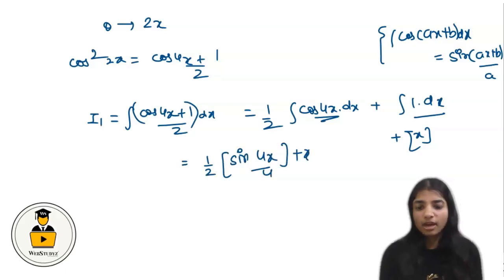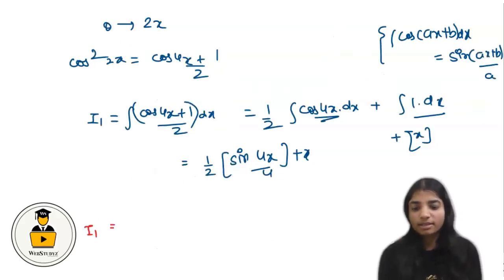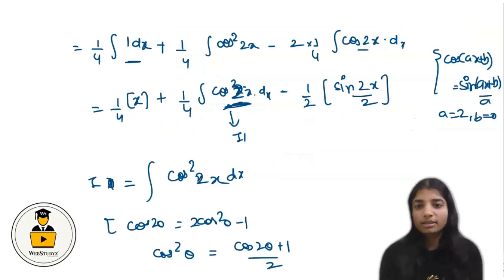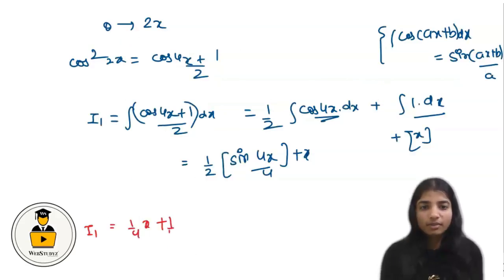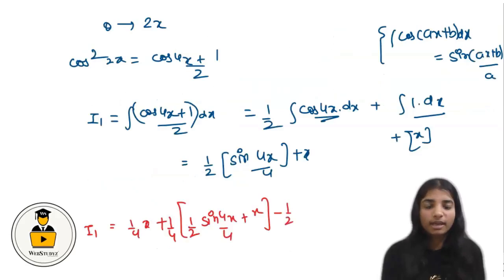Plugging this value into our integral, the value of I is 1 divided by 4 x, plus 1 divided by 4 times 1 divided by 2 of sine of 4x divided by 4 plus x, and the last one is minus 1 divided by 2 of sine of 2x divided by 2.